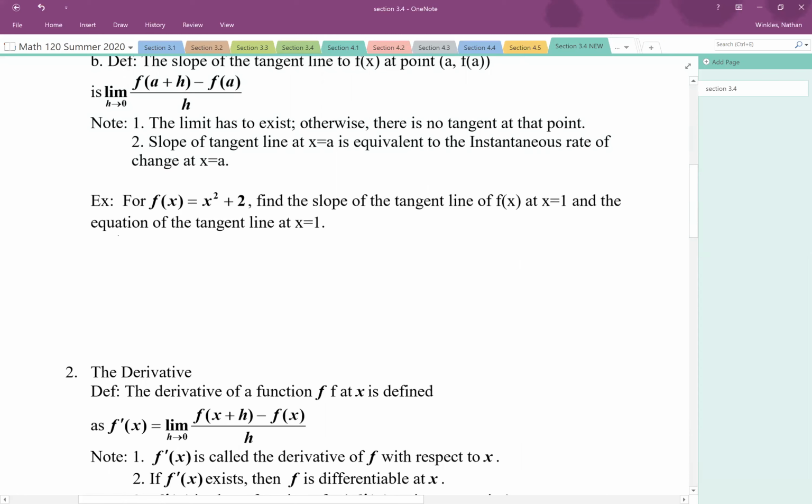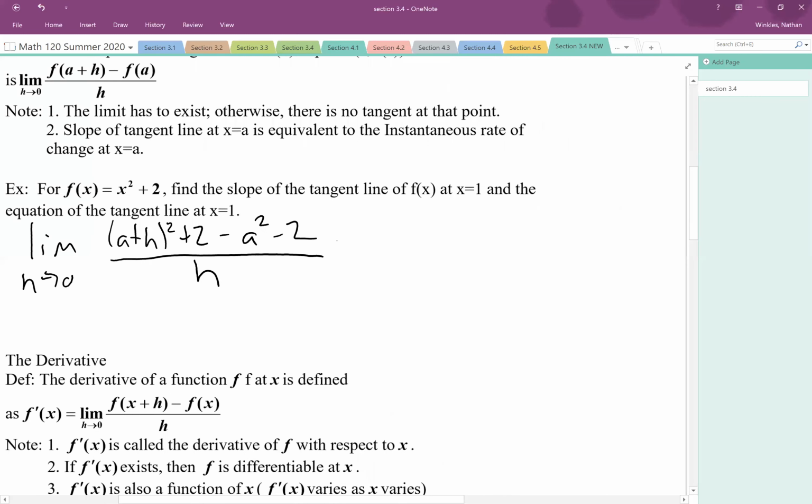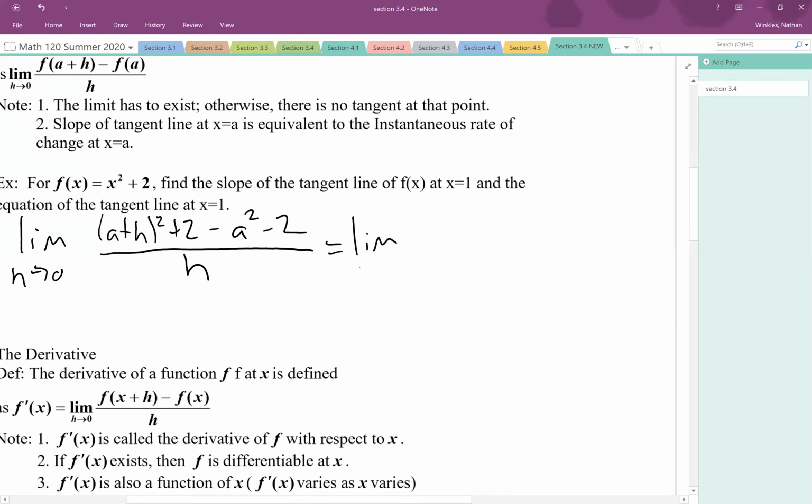So the first thing we want to do is find the limit as h goes to 0 of f of a plus h, so that's a plus h all squared plus 2, minus f of a, which is a squared plus 2, all over h.